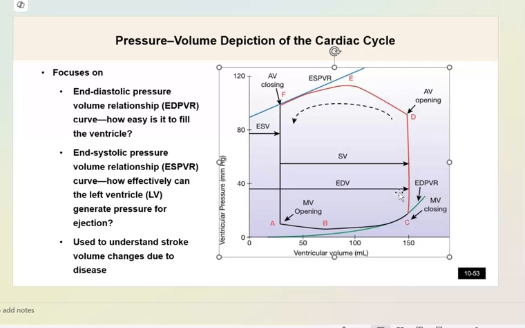So at the end of diastole, our end diastolic volume, that volume is now our preload. That is the volume that came into the ventricle to stretch it as far as it was going to go with that maximum stretch, maximum fill.